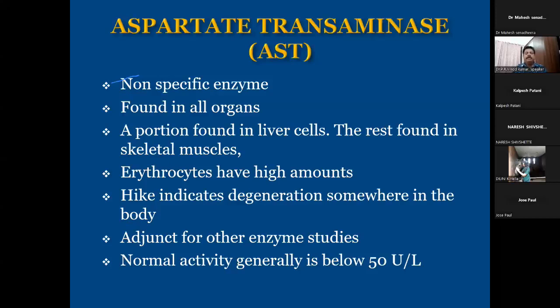And since AST is a non-specific enzyme, it can be used as an adjunct in a lot of degenerative diseases, whether it is a pancreatic study or liver study or skeletal muscle study, whatever it be.